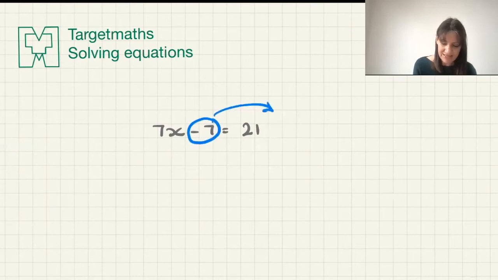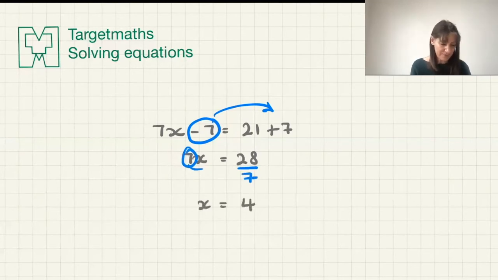So that's going to land as plus 7. And 21 plus 7 is 28. I'm now going to move the 7. And I've got x is equal to 4.